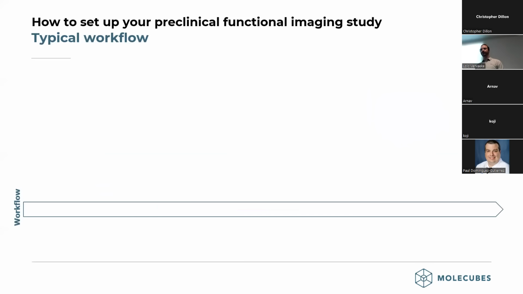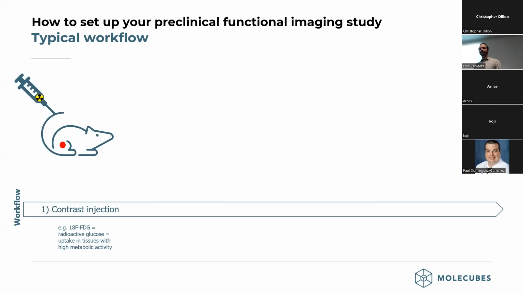So in terms of what a type of workflow looks like for PET-CT imaging, it's fairly similar to what you would have for optical imaging. First, there's the tracer injection of the animal. It's typically a tail vein injection, typically a couple hours, or depending on the study, a couple hours per day before the actual imaging. The tracer will distribute inside the animal and will metabolize.